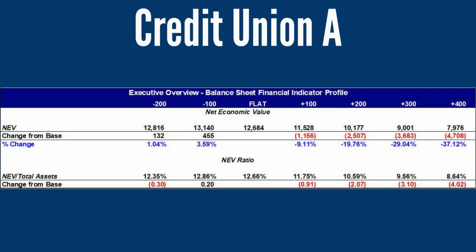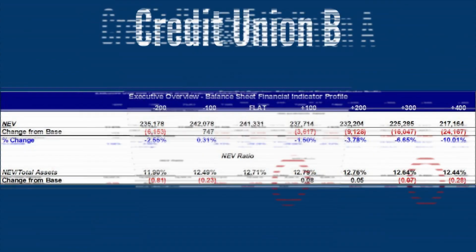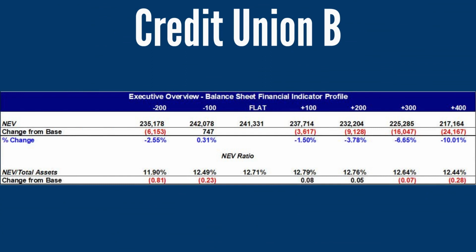The fall from 12.66% to 9.56% is significant, and the credit union will want to closely monitor this situation. For Credit Union B, the decline in net economic value has only led to a 0.07% decline in their net economic value capital ratio, and they remain well above 12% in the plus 300 environment.